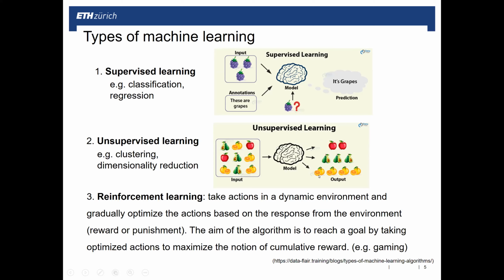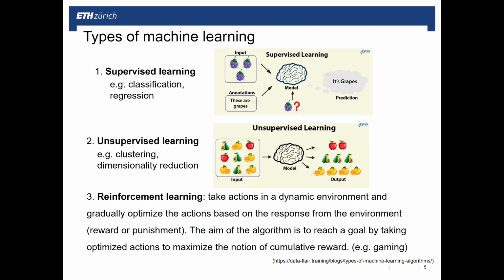The machine doesn't know the name of the fruit. So next time, if you give an apple to the machine, it will tell you it belongs to this category, but what it is, it doesn't know. Clustering problems and dimensionality reduction belong to this unsupervised learning type.